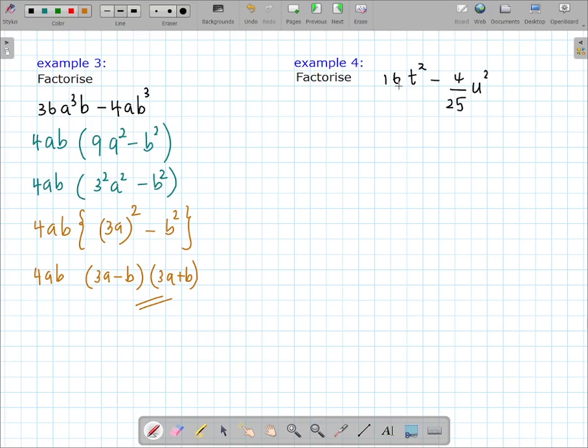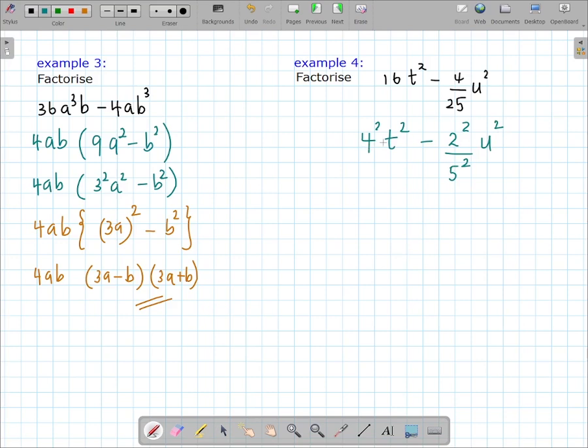So we can write the numbers also as squares. So I write 16 means 4 to the power 2 t to the power 2, minus 4 means 2 to the power 2 over 25 means 5 to the power 2 u to the power 2.